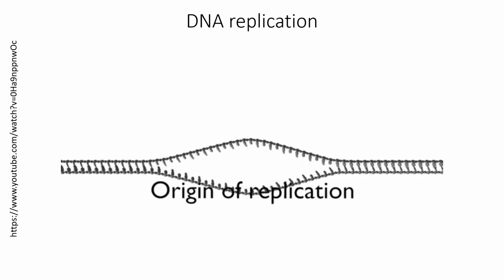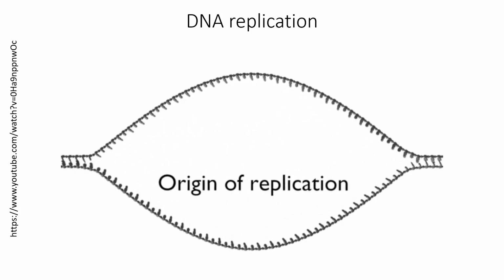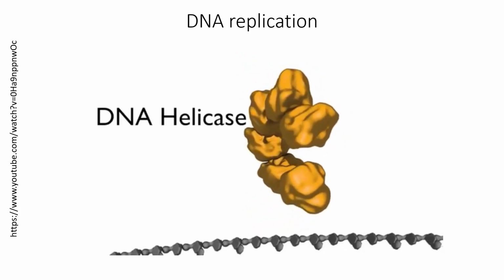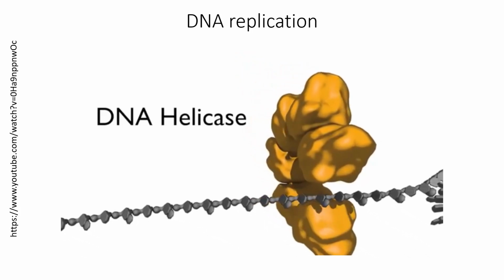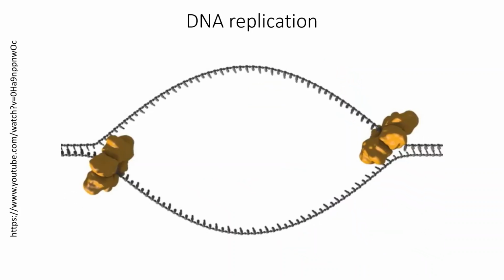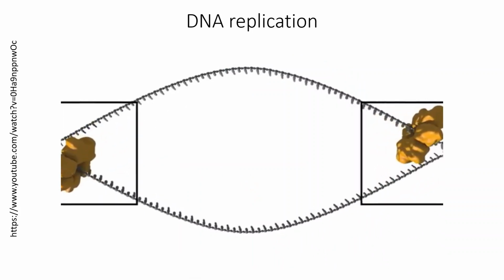This opening is regulated by a series of initiation regulatory proteins not shown here. Once open, a DNA helicase, a ring of 6 subunits, is loaded onto one strand of the DNA at each side of the replication bubble. This establishes two replication forks that will move away from each other as replication proceeds.